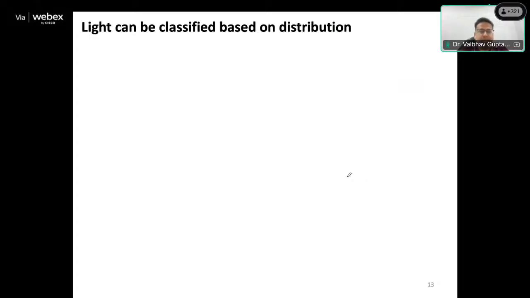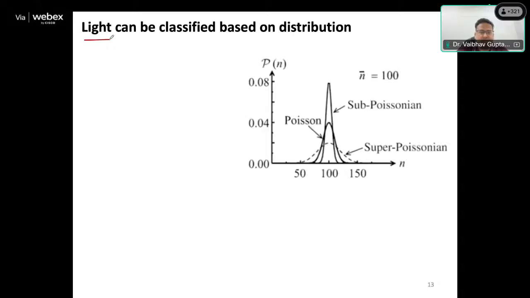So I told you that we are discussing the distribution of the light, the photon distribution, and depending on the photon distribution, we are going to tell what kind of light sources we have. So that is the typical curve shown here. Here is the probability of finding a number of photons, and here is the average number of photons.